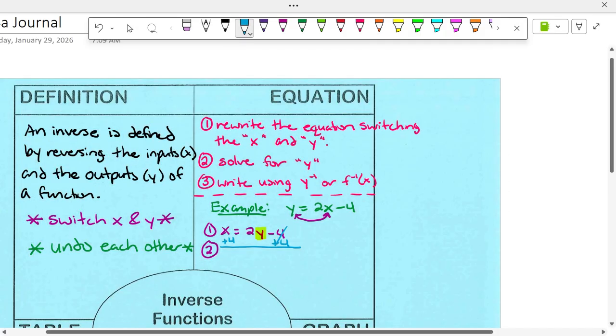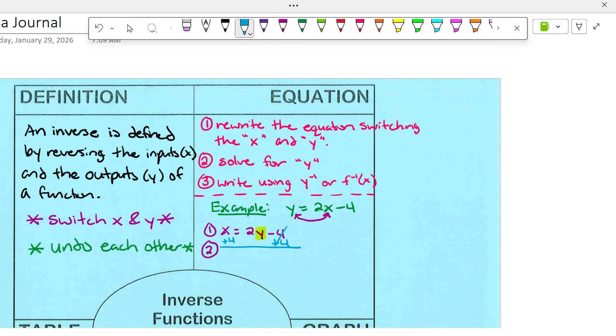So that cancels out. Now, this is the same thing as combining like terms. So can x and 4 combine? No. So we literally rewrite it as x plus 4 is equal to 2y. Still trying to get that y by itself.